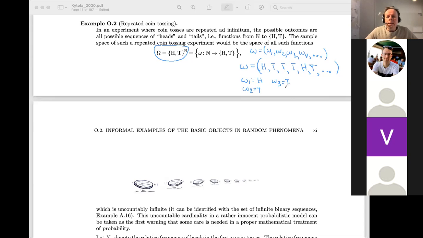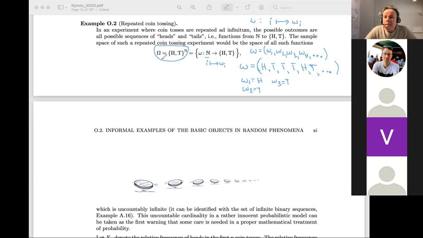And what it means is that we can also interpret omega as a function that maps I, which is a number, to the value in this position I, that's omega I. So omega is a function from N, so I belongs to N, the index, and this index is mapped to the value omega I. So we are looking at the space of functions from the natural numbers to the coin flip outcomes H and T.